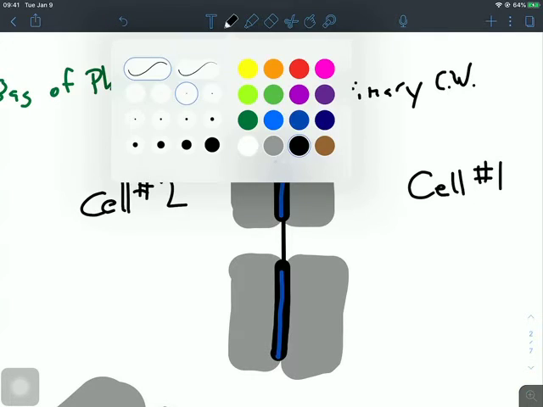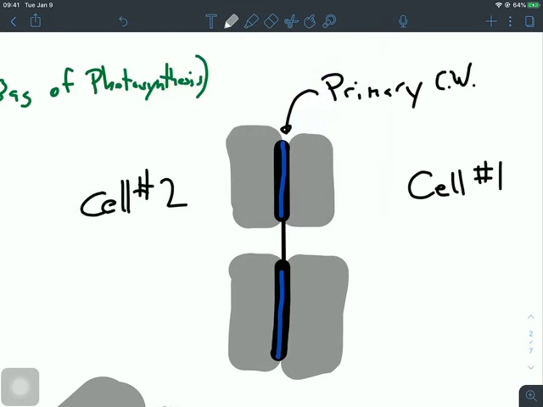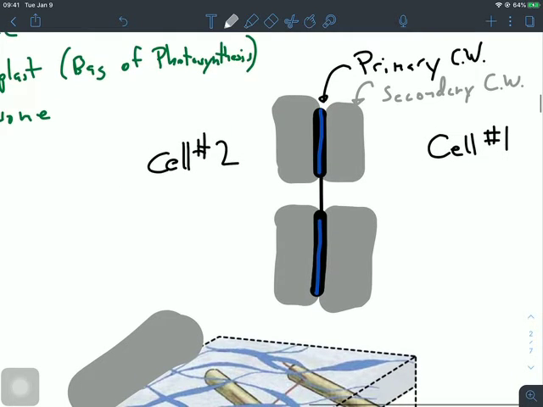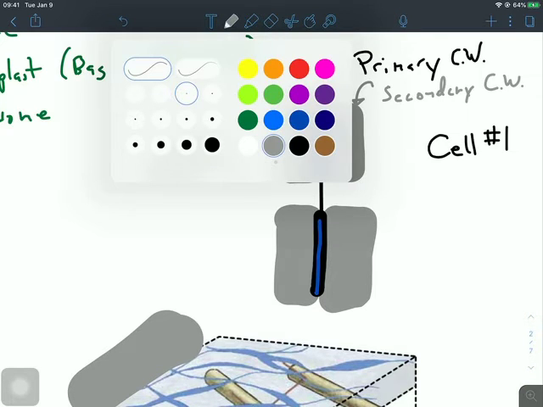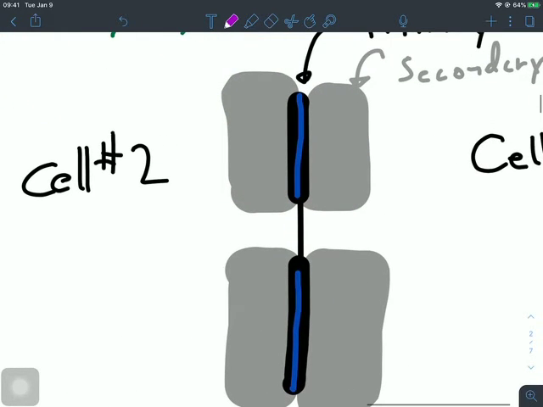In order to strengthen that separation, you have, in gray, very thick secondary cell walls. These secondary cell walls are kind of impenetrable. There's no way to pass in between them without a ton of effort. We have gaps in those cell walls that we call our pit cavities.